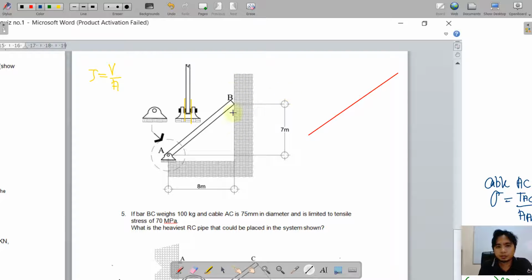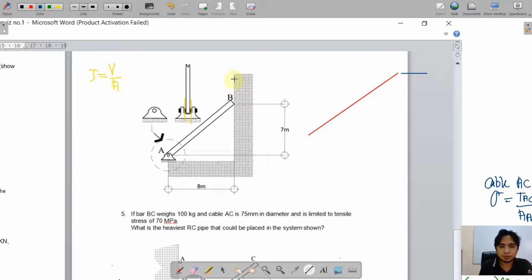On this wall, we have a perpendicular reaction to the wall. So whenever a certain body is resting on a certain flooring or a certain wall, the reaction is always perpendicular to the wall itself or the floor itself. No matter what is the inclination of this object, it is always perpendicular to it.